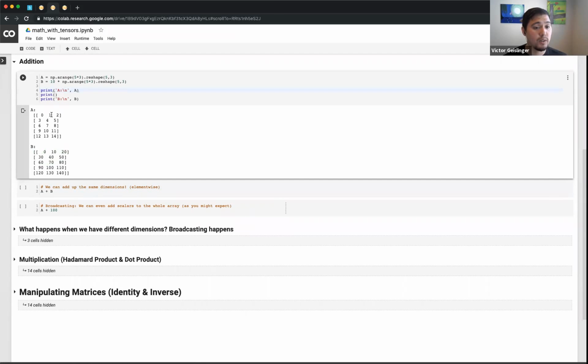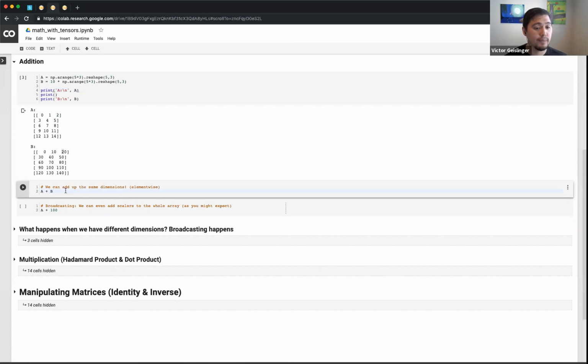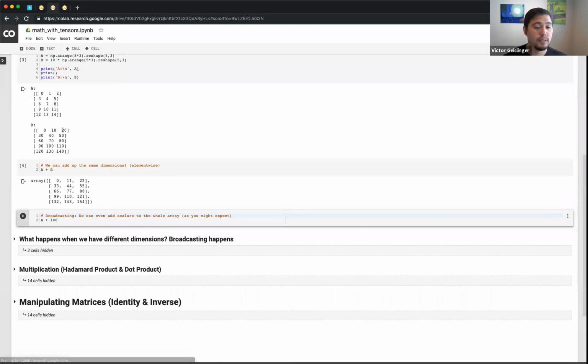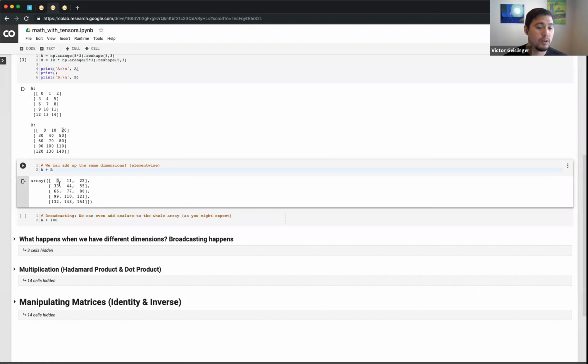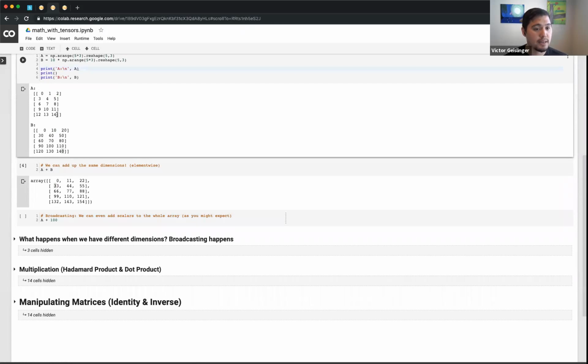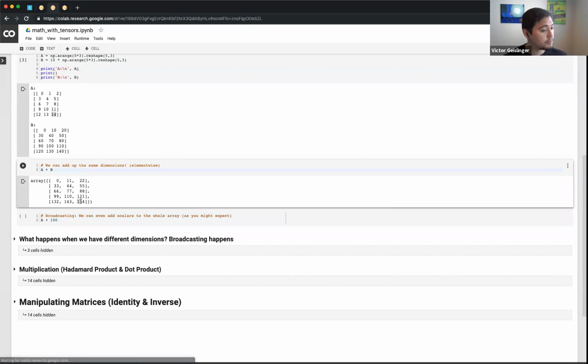You add 0 to 0, 1 to 10, 2 to 20, and so on. If I add them up, you can see 0, 11, 22, 33, and it goes on, basically adding each element plus its 10 times version. Pretty simple, not too hard.